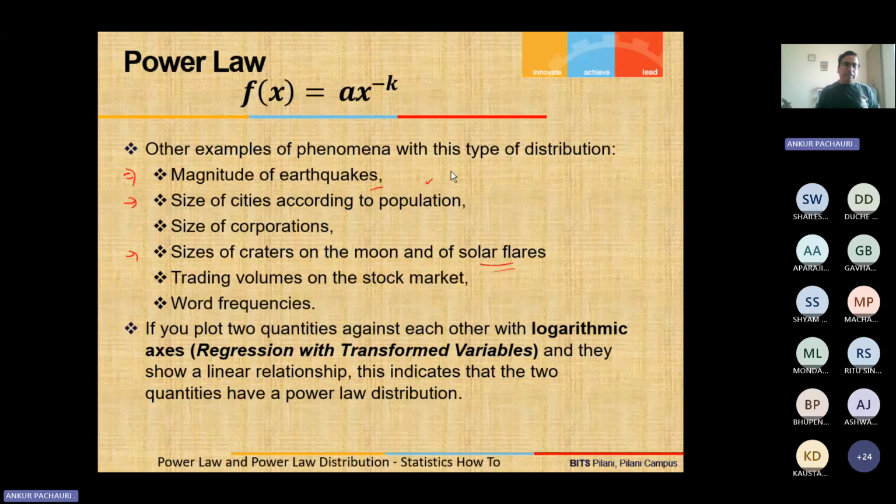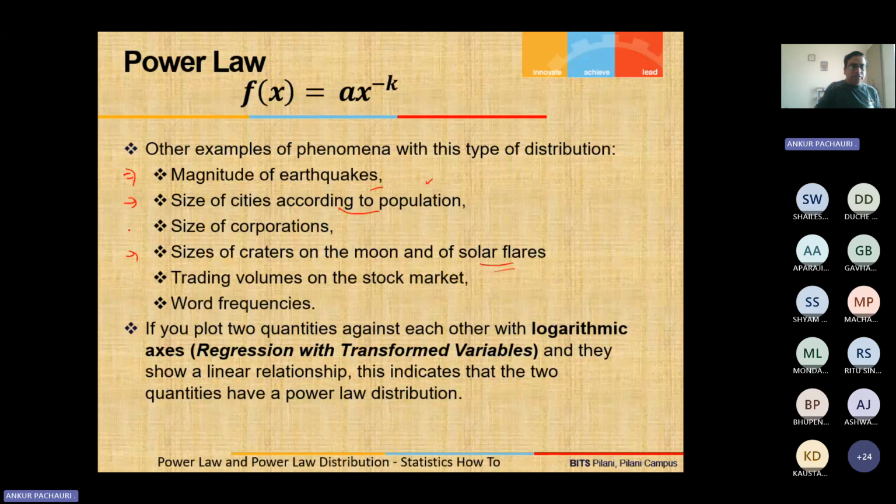But there are very few such cities. There are many places having a total population of 2 lakh, 3 lakh, or 4,000. Some villages have a population of 200, even 400. So there are many residential areas, but very few are holding a large number of individuals.